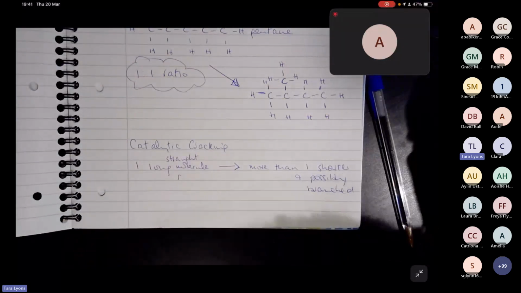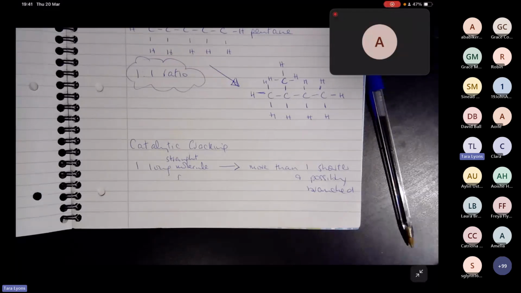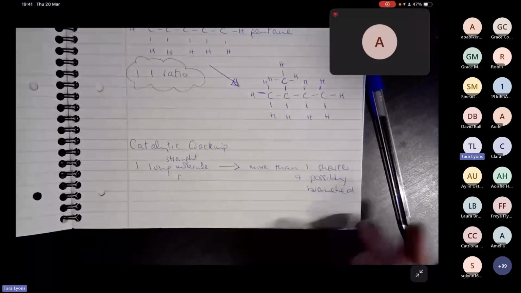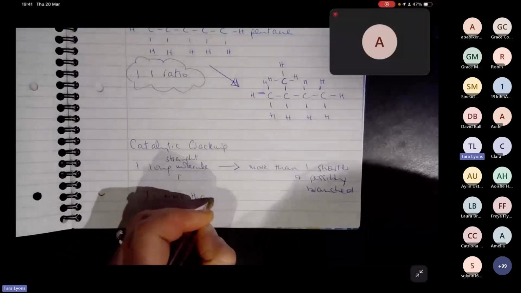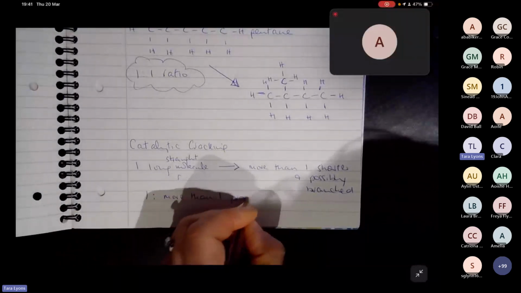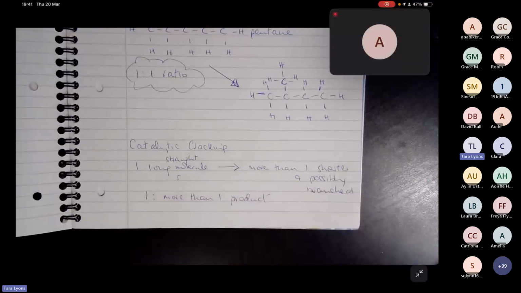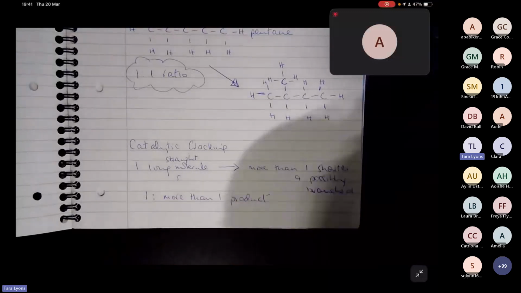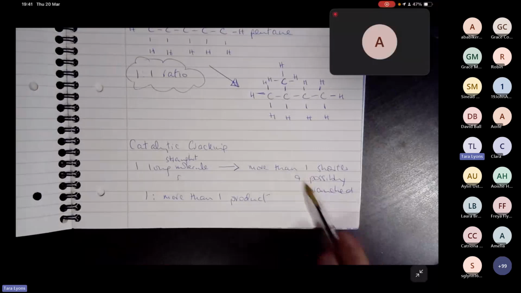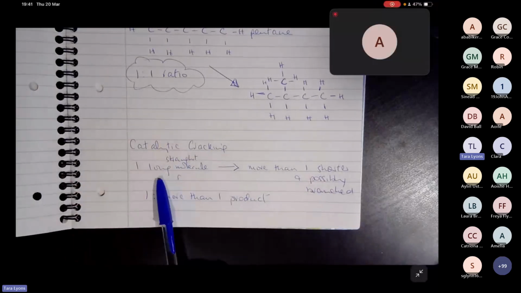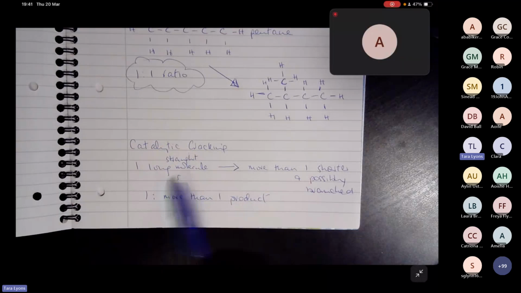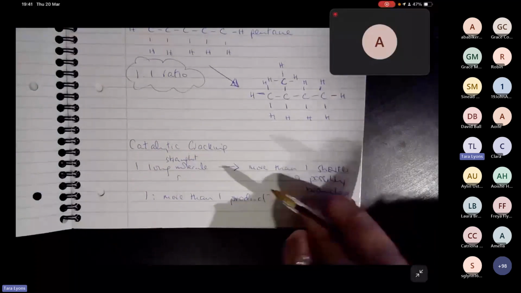So it could be 2, it could be 3, it could be 4, it could be 10, but it's more than one. So it's not a 1:1 ratio, it's 1 to more than one product. Whether that's 1:2, 1:3, 1:5, one long straight into more than one shorter and possibly branched, what's happening? We've gone from long straight, which will cause autoignition, to short and branched, which won't cause autoignition.